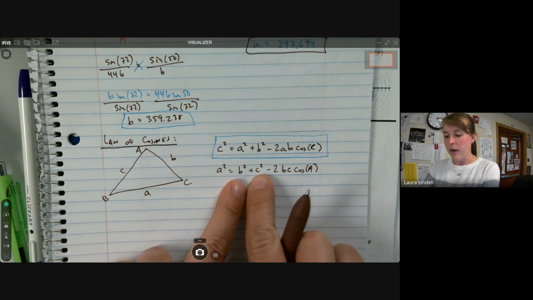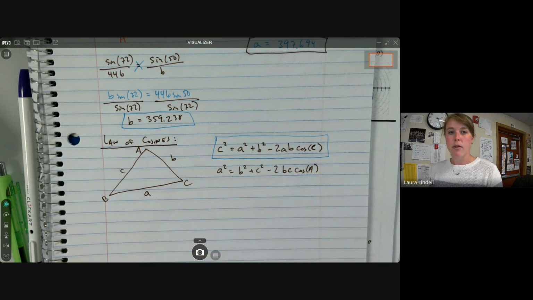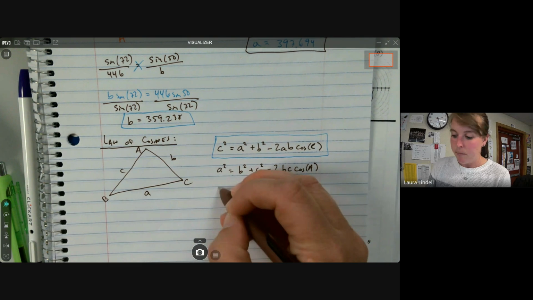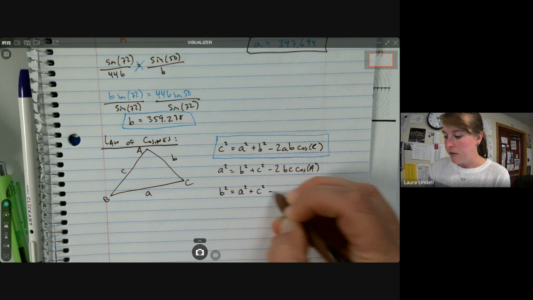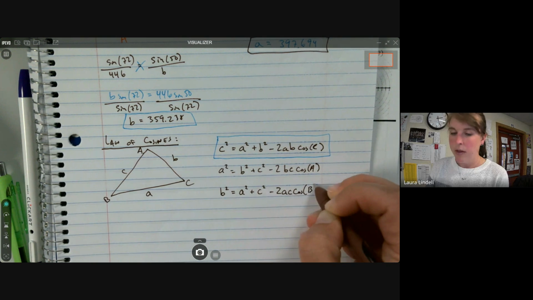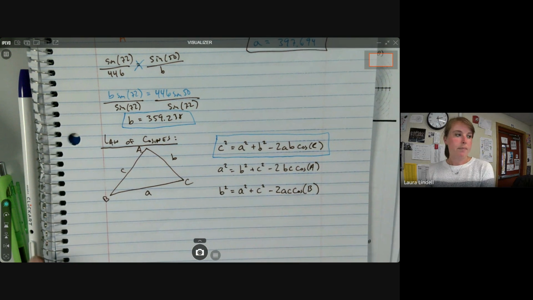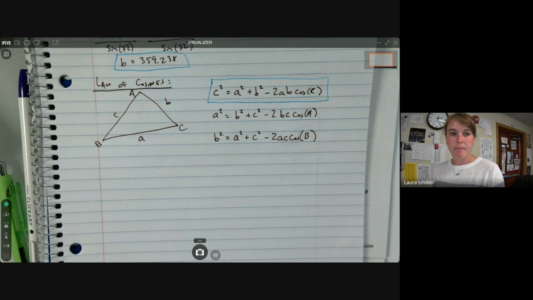The other two, it doesn't matter what order B and C go in here as long as you have them both. It doesn't matter what order you multiply in as long as you have them both. The last way you could format this: B squared equals A squared plus C squared minus 2AC cosine of B. Okay, so again, if you remember at least one of these, we're in good shape.